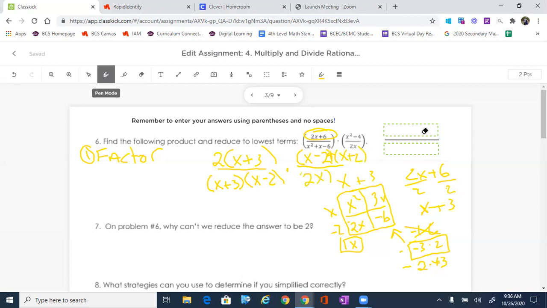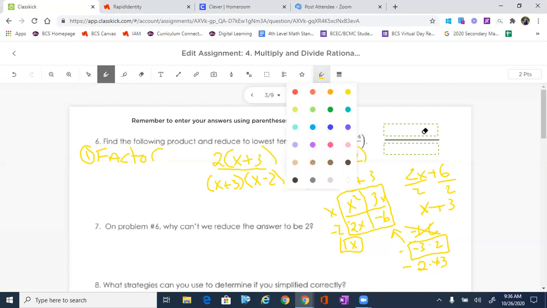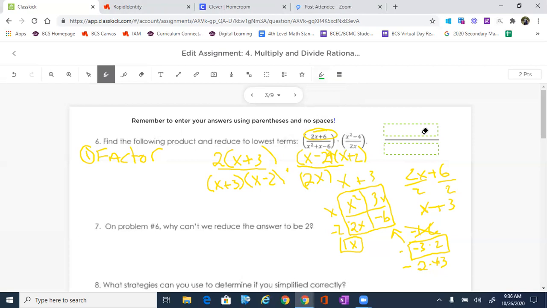Now, once we have all these pieces, what we're going to do is simplify, like we did before, by crossing out like factors. And when we cross out like factors, that is numerator to denominator.